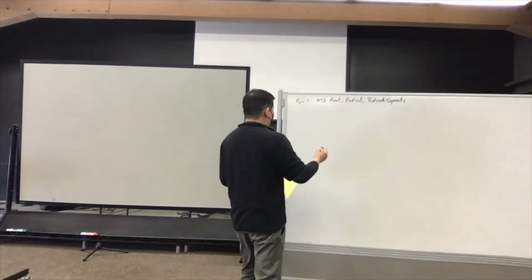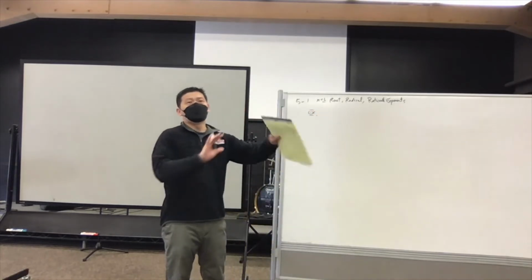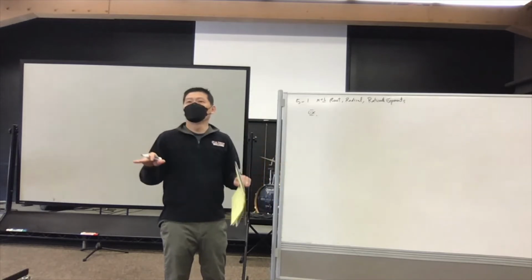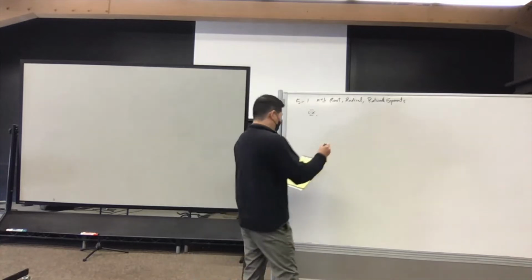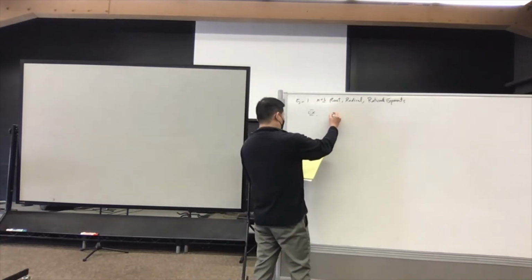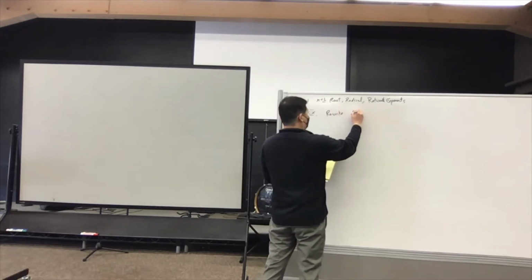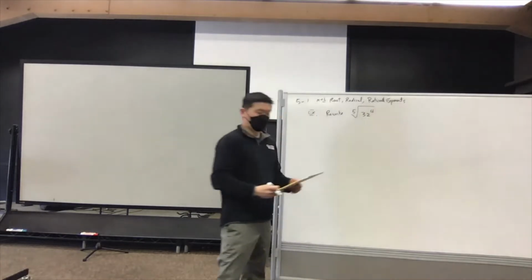Alright, so in this case, the example here, and this is a review, so I'm not going to spend too much time. I'm going to assume that you already did the work with Mr. Chen. So for example, we want to rewrite the fifth root of 32 to the 4th power.